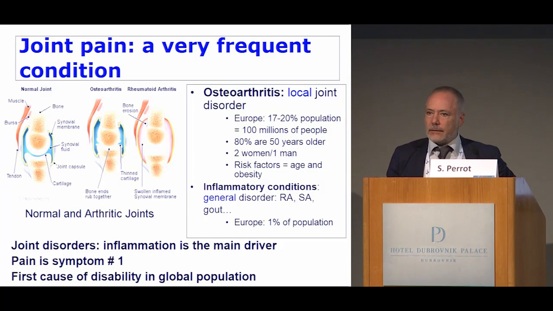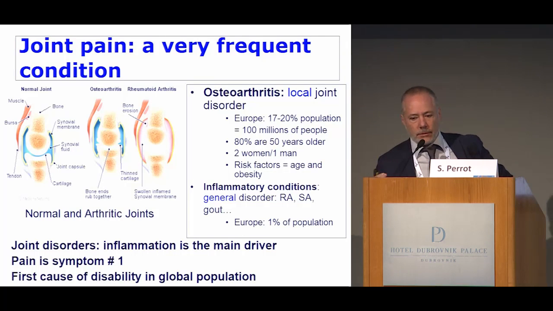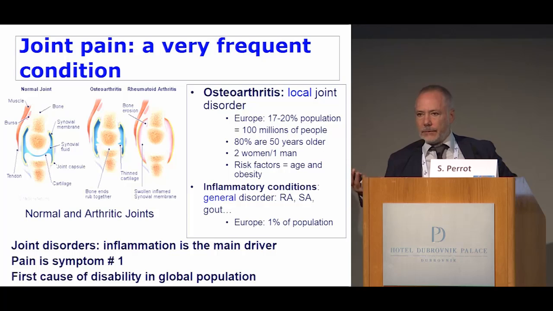And aside this degenerative disorder is rheumatoid arthritis, or inflammatory rheumatism, that in fact affects around 1% of the population. But in all these conditions, inflammation is a driver, peripheral inflammation. Pain is the first symptom, and associated with pain and inflammation, there is disability.